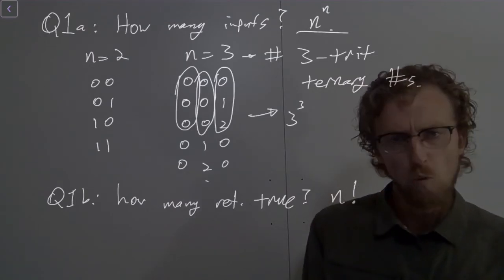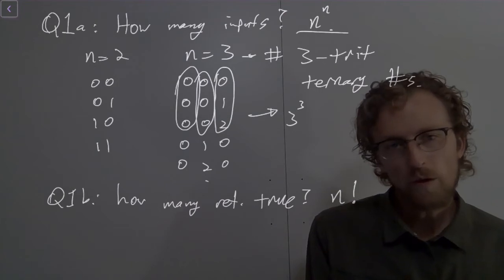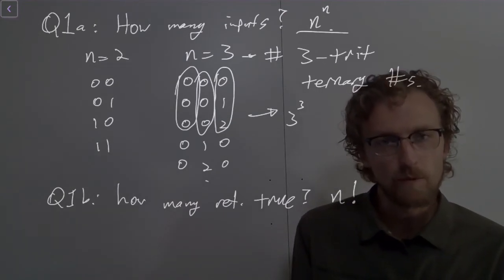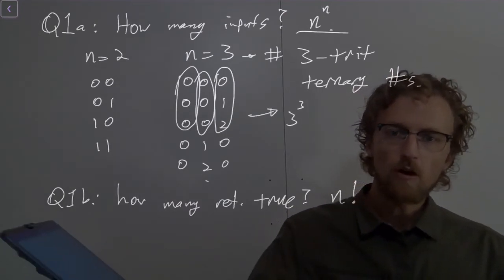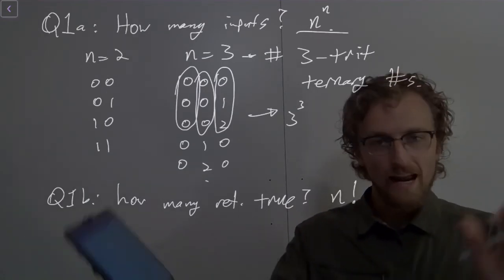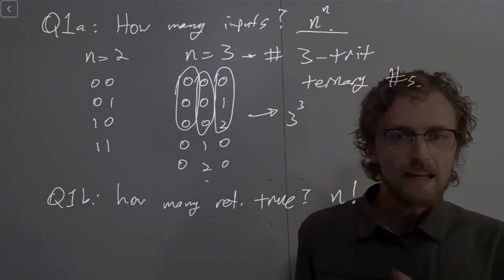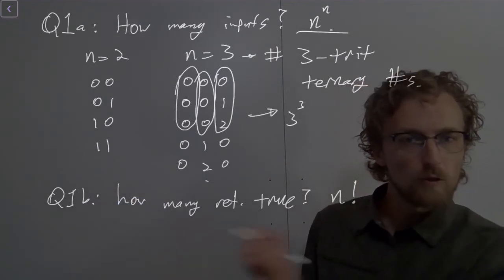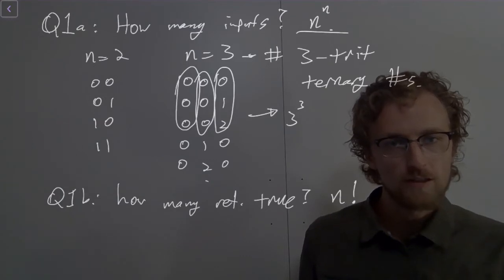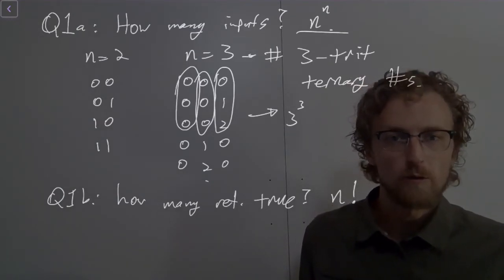So why is n factorial the answer here? Well, suppose I have exactly n symbols, and I lay them out all together, and there are no repetitions, and I have n slots to put them in. Then any way of arranging those that has no repetitions is a permutation of my original array.